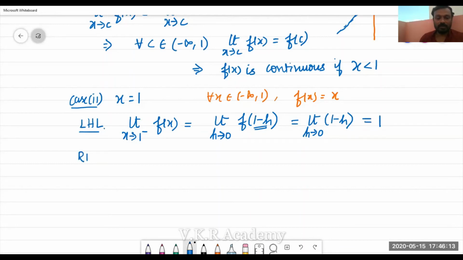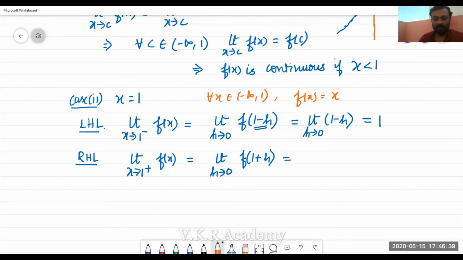Now let's take the right hand limit. Limit x tends to 1 plus f of x is equal to limit h tends to 0 f of 1 plus h. 1 plus h means the value of x is greater than 1.